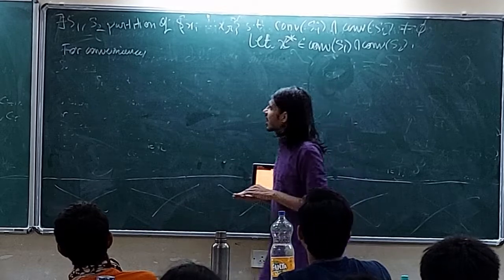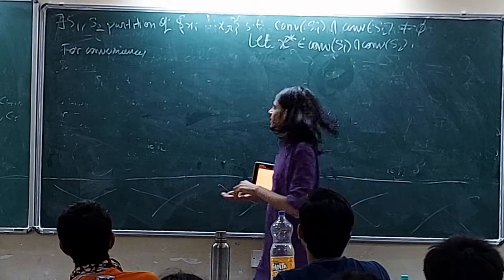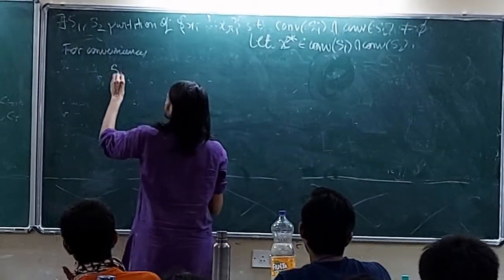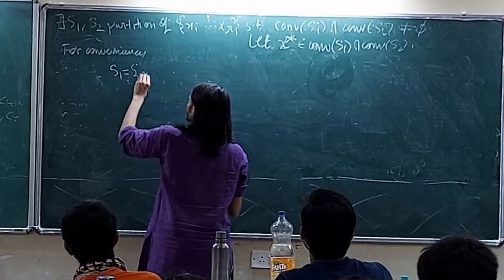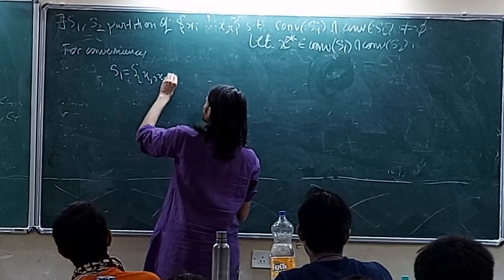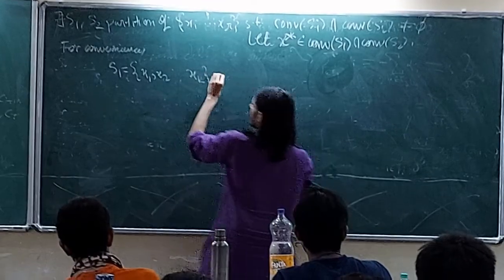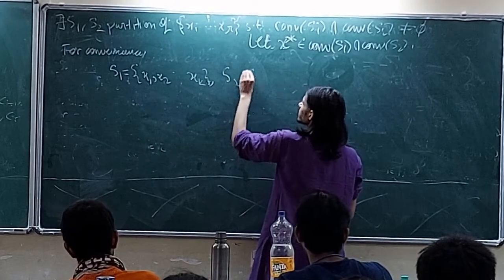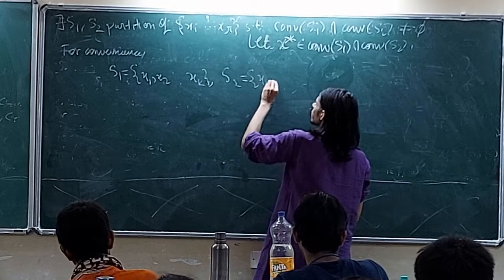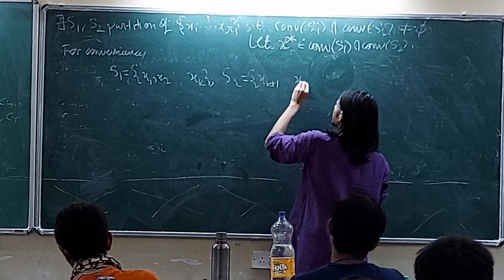So let's just assume that S1 was x1, x2 up to xk, and that S2 was xk plus 1 up to xr.